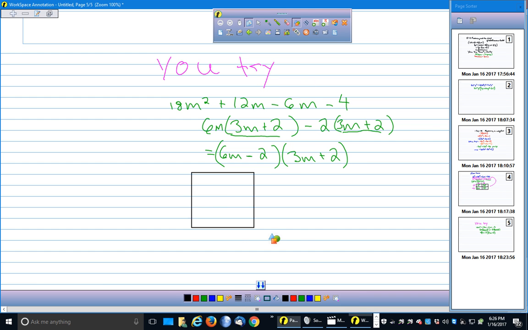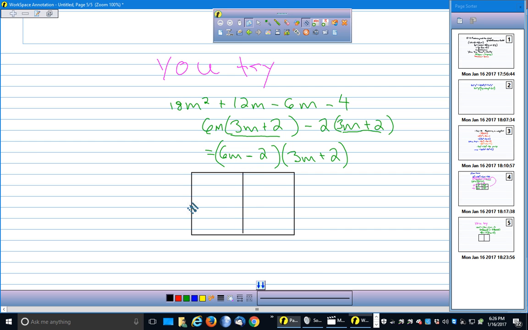Let's do it with the box method, because that might be a little bit easier for some of you. So in the top box, I'm just going to put my 18m squared plus 12m, and in the bottom box, I'm going to put minus 6m minus 4, and then I'm going to look at this row. What can I pull out of there? Well, I could pull out a pink 6, and I could pull out a pink m, right?